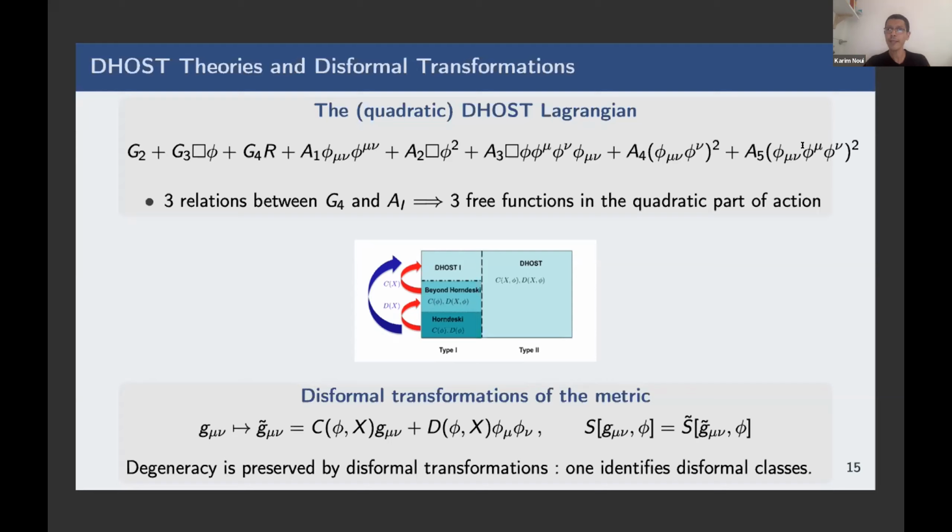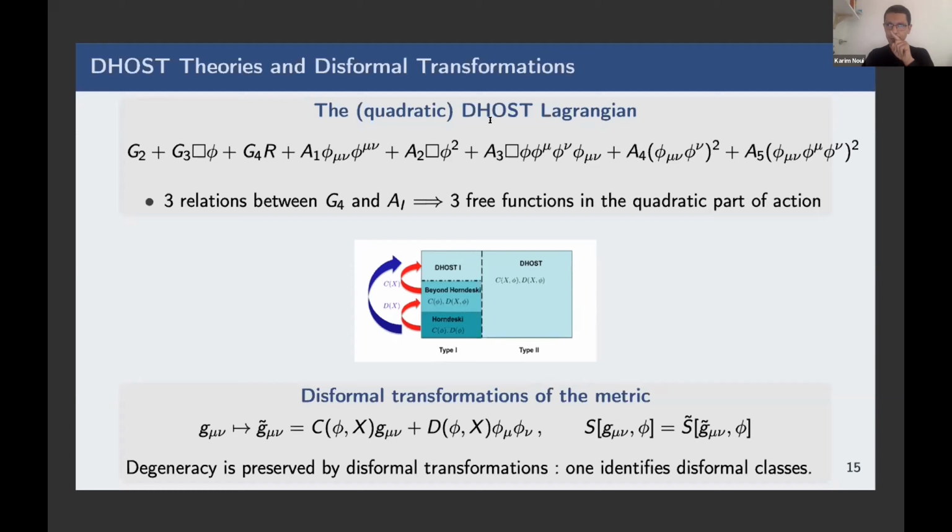To be more precise, the degeneracy condition is a necessary condition to avoid the Ostrogradsky instability, but it's not a sufficient condition. But I don't want to enter into the details because I'm running out of time, and I'd like to give you some physical application of this.